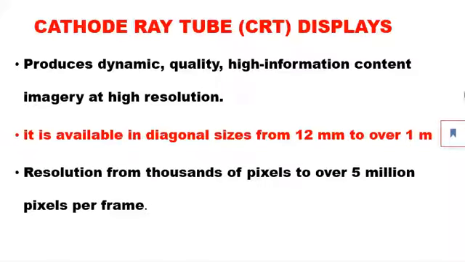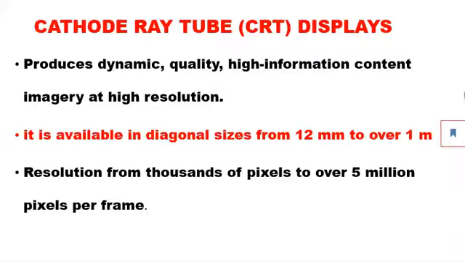Nevertheless, the syllabus of this course does include them, therefore we have to discuss them. What these cathode ray tubes do is produce a dynamic, high quality, high information content image at a very high resolution.